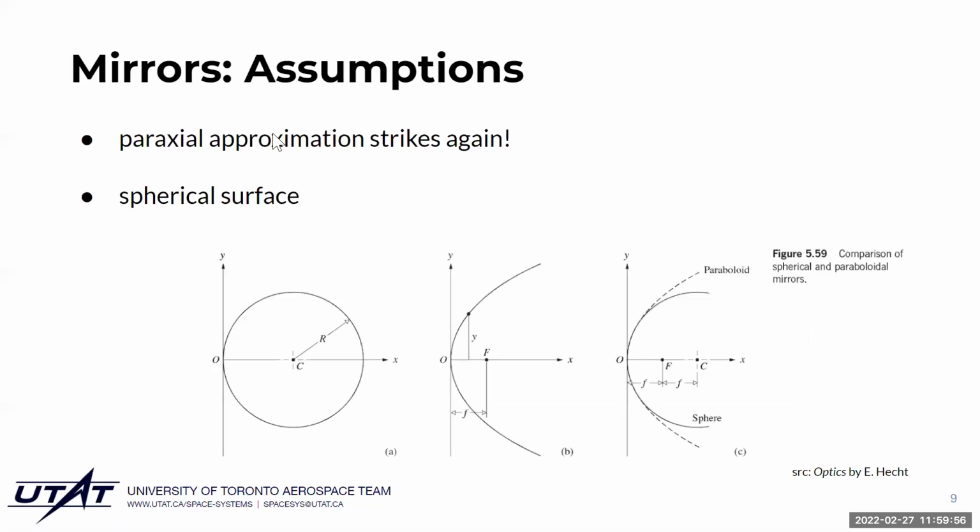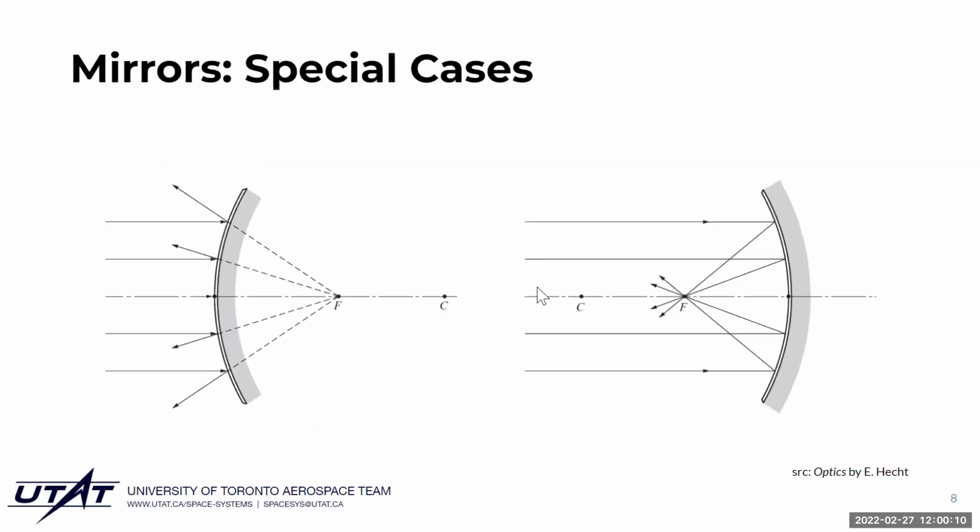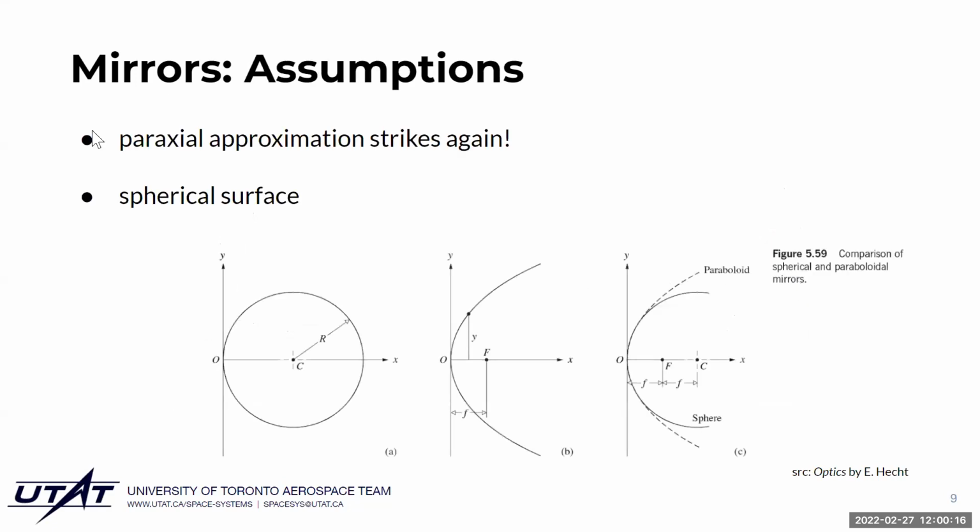Okay, a couple of assumptions. Once again, paraxial approximation, which means it's like small angle approximation: sine theta is approximately theta, tan theta is approximately theta. Or like our rays are very close to the axis, so that's a small angle. And then spherical surface.